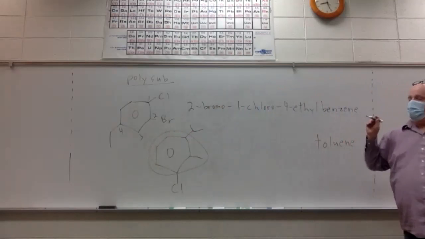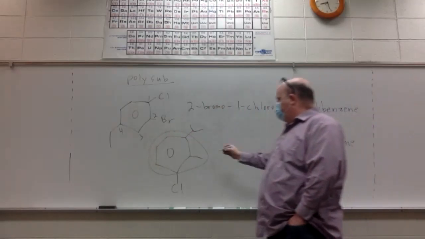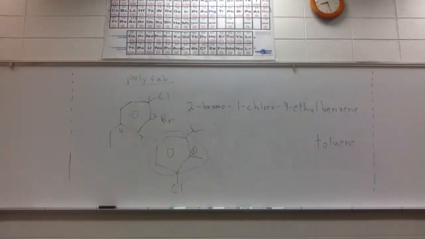Now, whenever you have one of your root exceptions, by definition, the carbon with that substituent is carbon number 1. Doesn't matter what else gets what, that one gets carbon number 1.